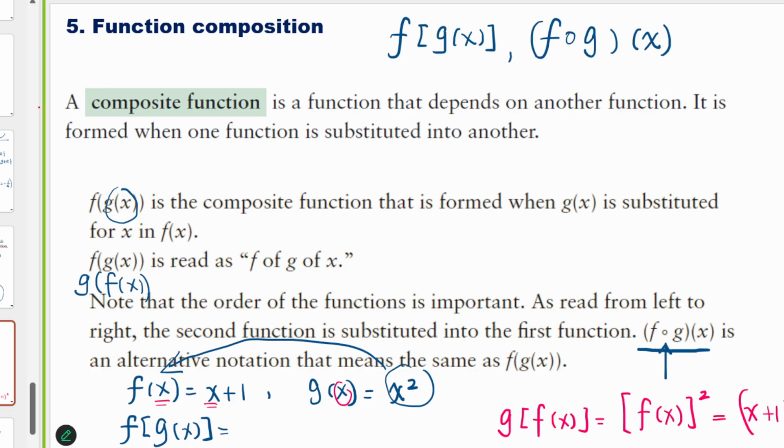So if the input is g(x), the output is g(x) plus 1, right? Just write one more step here. And next, what is g(x)? g(x) is x squared. So eventually you will have the final expression, x squared plus 1, right? You see that? Any questions?